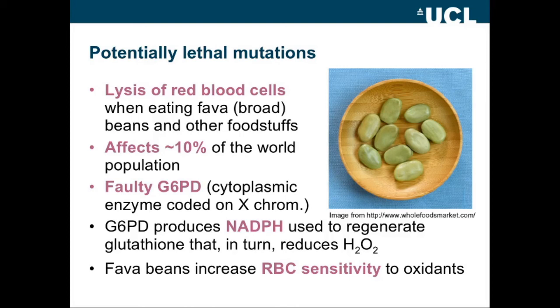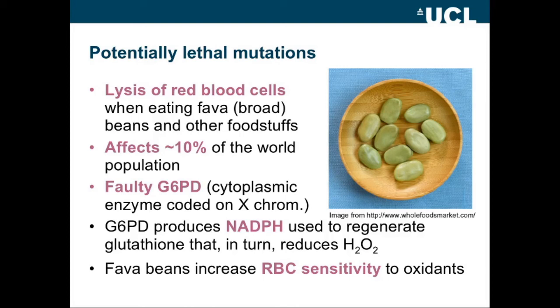However, in red blood cells, because they don't have nuclei, the only pathway available for producing NADPH is this G6PD pathway. And that means that if your G6PD is not working properly, then it's much more difficult to maintain the reductive state inside the red blood cells.